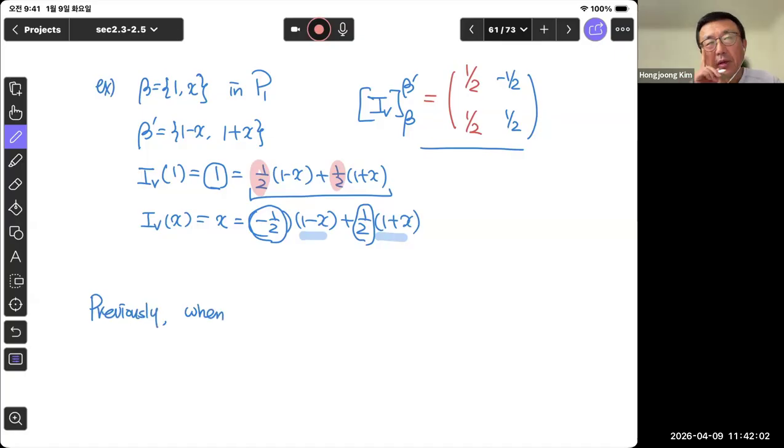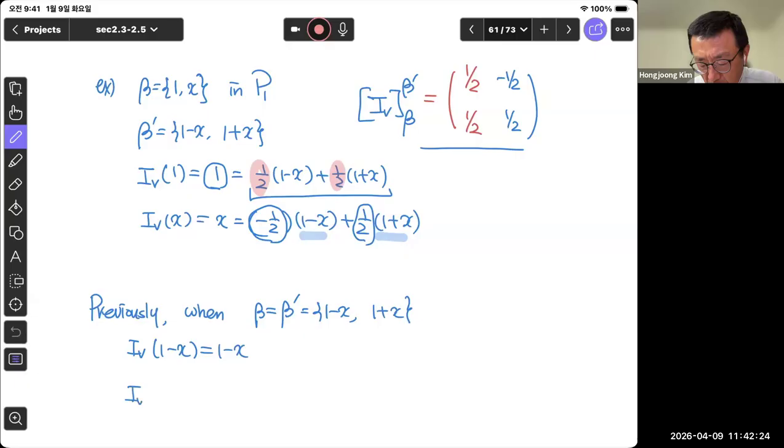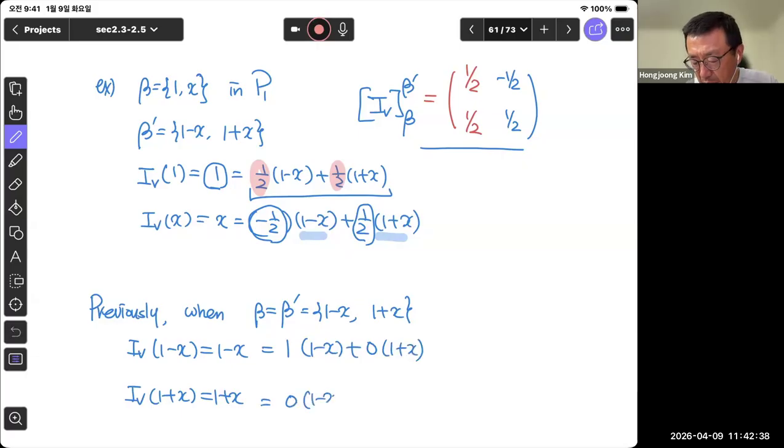Previously, when we considered the same basis, say when beta and beta prime are the same, even 1 minus x and 1 plus x, in that case, the identity mapping maps 1 minus x to 1 minus x and 1 plus x to 1 plus x. And 1 minus x is 1 times (1 minus x) plus 0 times (1 plus x), and 1 plus x is 0 times (1 minus x) plus 1 times (1 plus x).